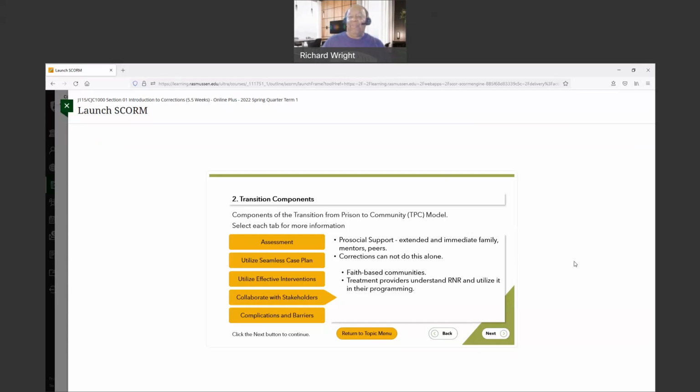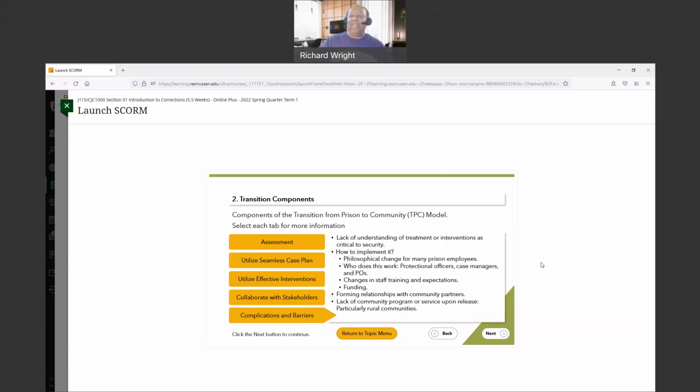And the treatment providers understand RNR and utilize it in the programming that they provide to individuals. The key thing is pointing people to a new direction in life, or as we say, turning over a new leaf.